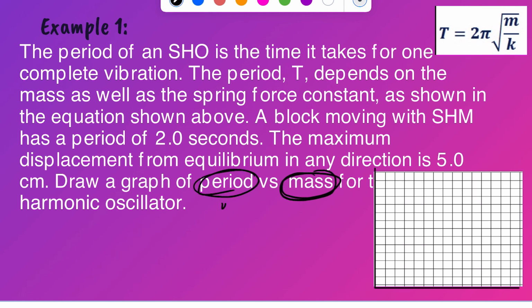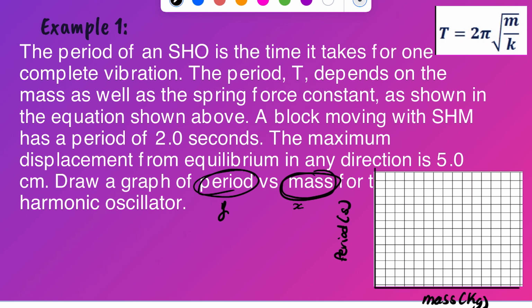So period is on the y and mass is on the x, especially if they don't tell you what's being varied. You can assume that it's y versus x, like in the name. So this will be the period. The units for period are in seconds. And mass is here, it's in kilograms.